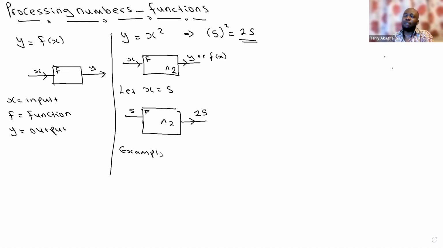Let's pick another example. Let's say we have y is equal to 1 over x. The same thing: I have a particular function, and for the value of x I'm going to have, I have to find the inverse of it.